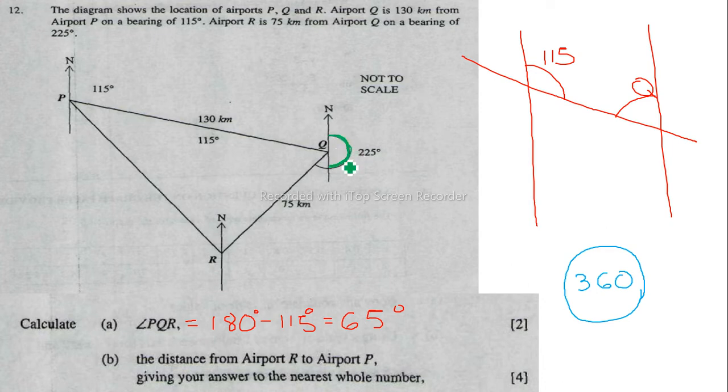So that's 180. This is half of a full revolution. But if we go some more and include this part, that would be 225. So this thing, more than half, is 225 right there.